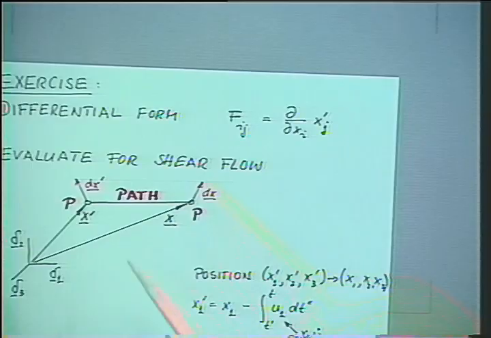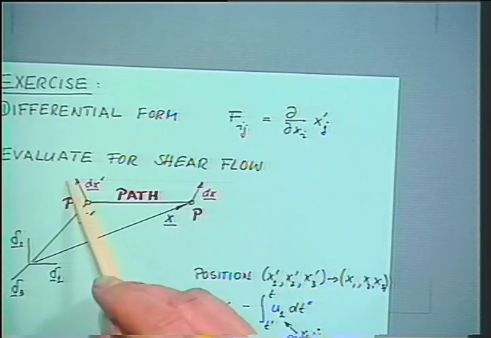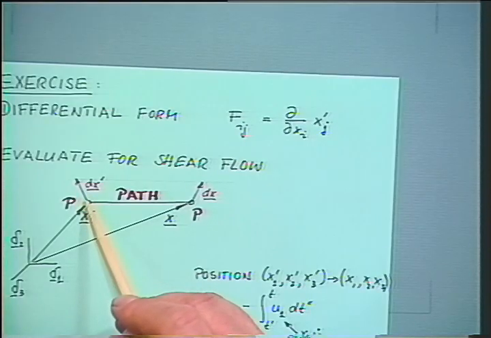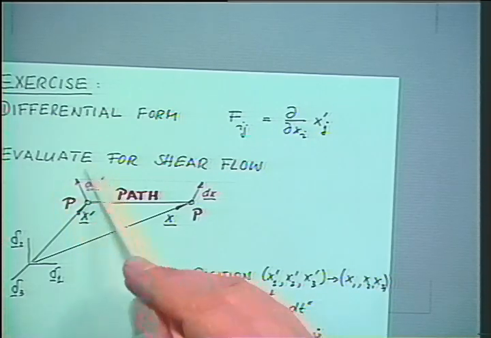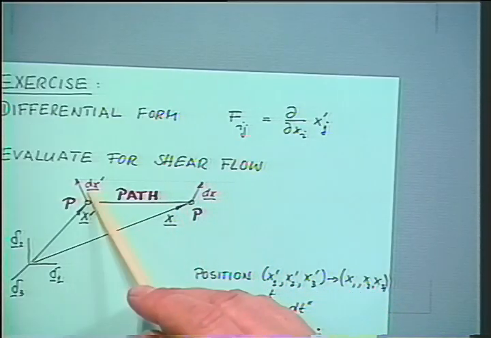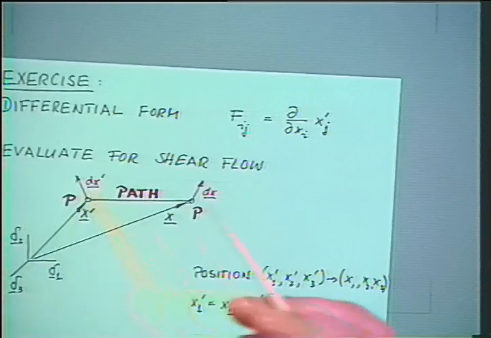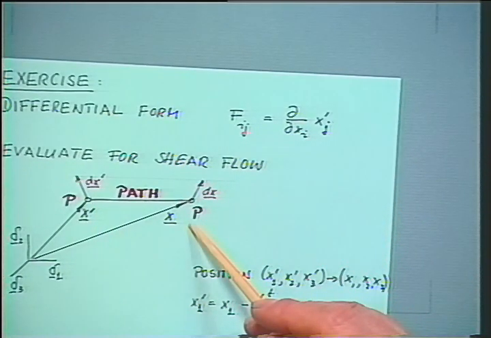At a preceding time, this same point would be over here, and it would be separated from P by this small material vector dx prime. So the characteristics of the flow really will give us the relation between dx and dx prime. It's just a characteristic of the motion in the vicinity of point P.